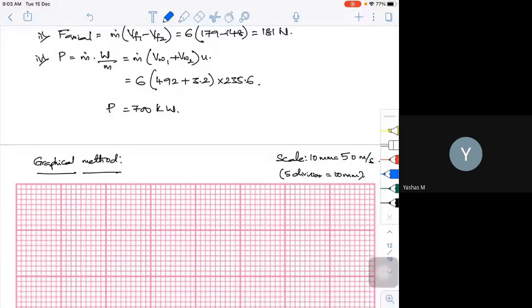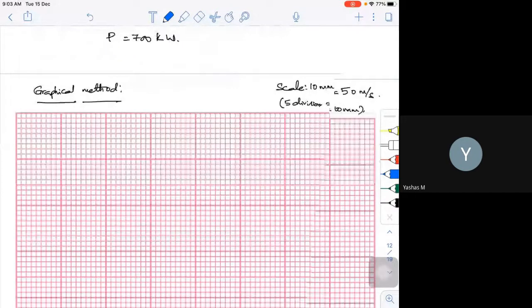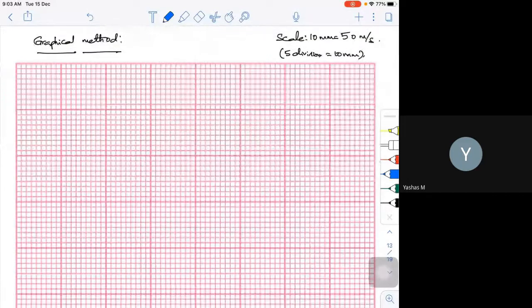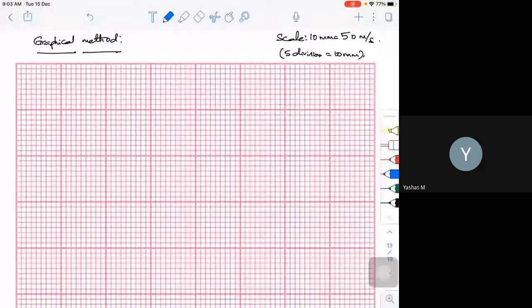So I'll try to draw this u. Leave some space, roughly 4 divisions, around 4.6, okay, roughly 4.7. So 4.71 centimeters is my u.